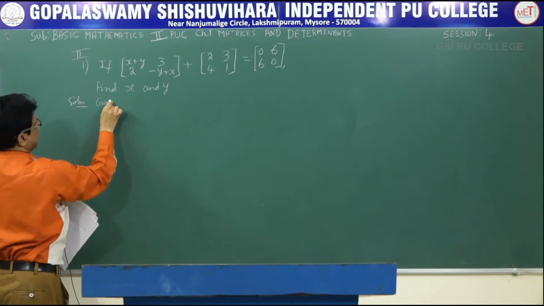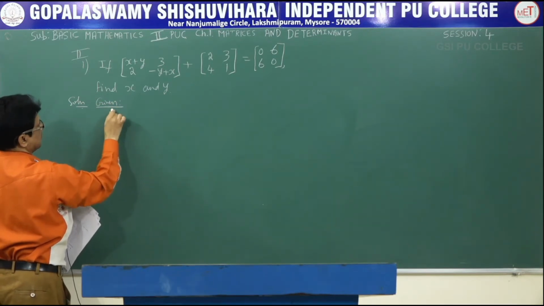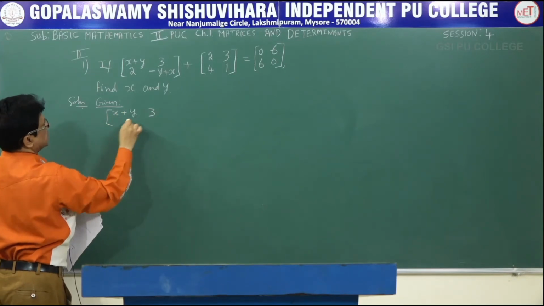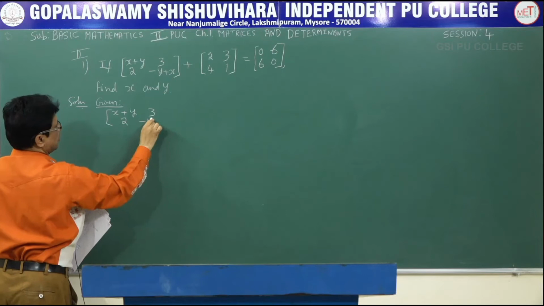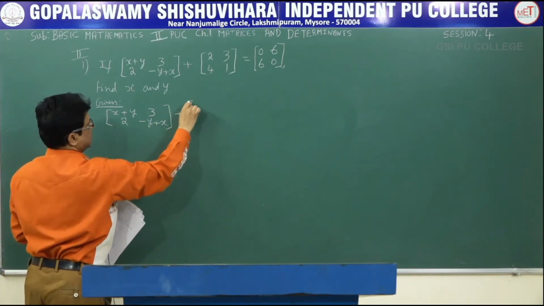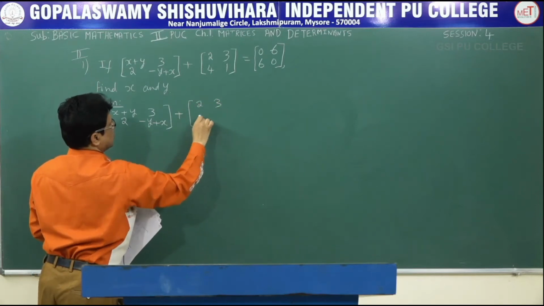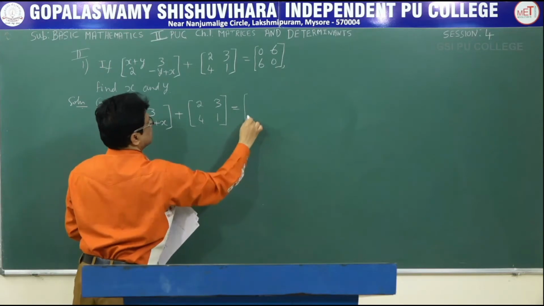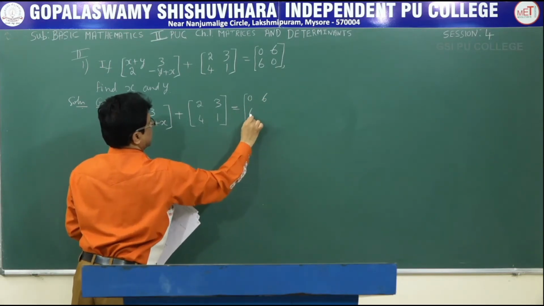So what is given? [x plus y, 3; 2, minus y plus x] plus [2 3; 4 1] is equal to [0 6; 6 0].